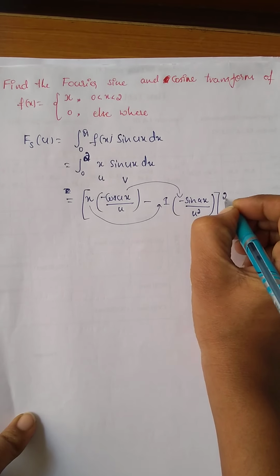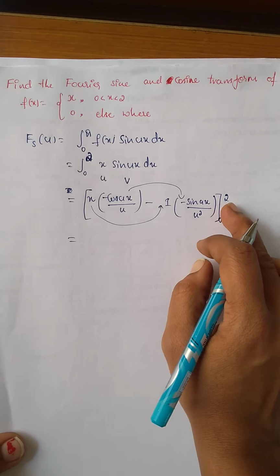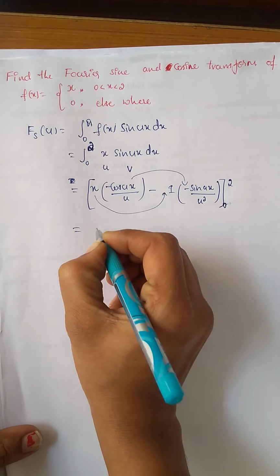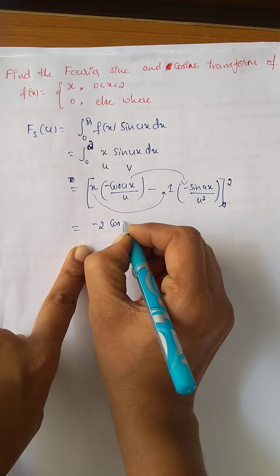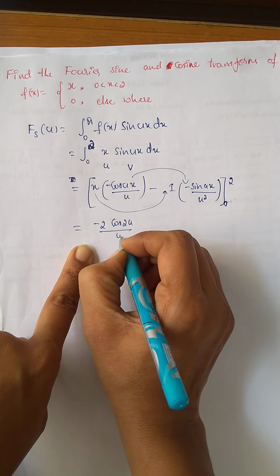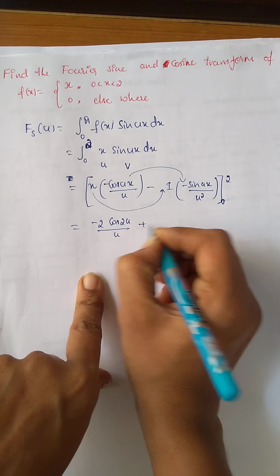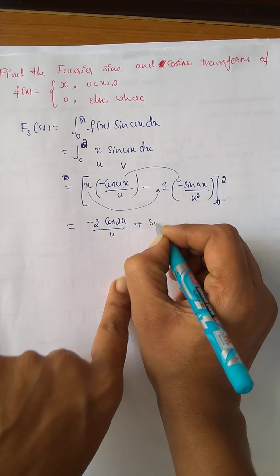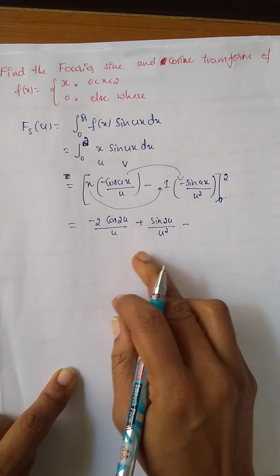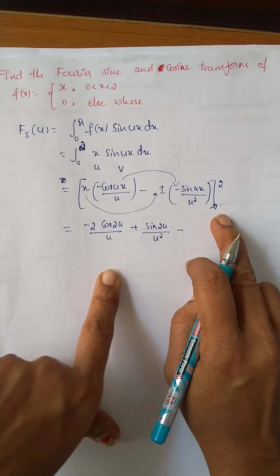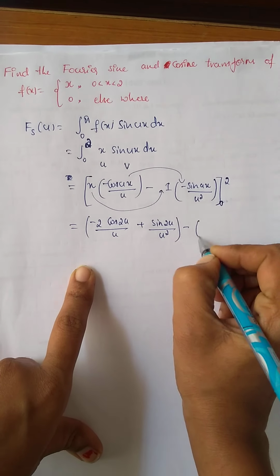Apply the upper and lower limits, 0 to 2. Replacing x by 2, we get minus 2 cos 2u by u, and for the second term, minus into minus is plus, sin 2u over u square. This is the upper limit minus the lower limit.